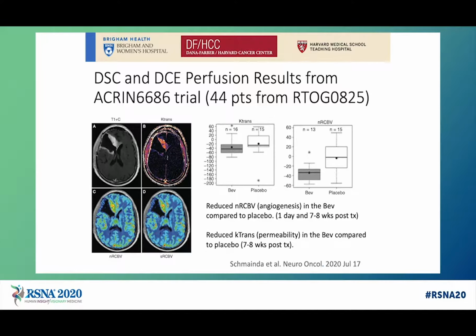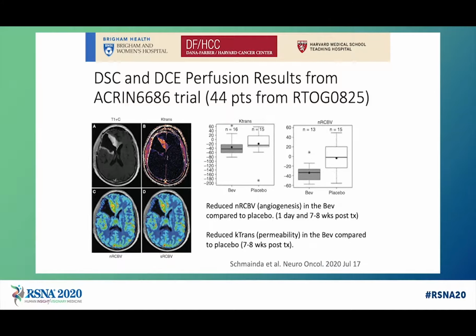Perfusion imaging allows us to interrogate vascular dynamics, including cerebral blood volume, which correlates with vessel density and is a marker of angiogenesis in tumor, and also Ktrans, which is a marker of vascular permeability. These are the most commonly used perfusion parameters in oncology and have been validated in many preclinical and clinical studies across different cancers.